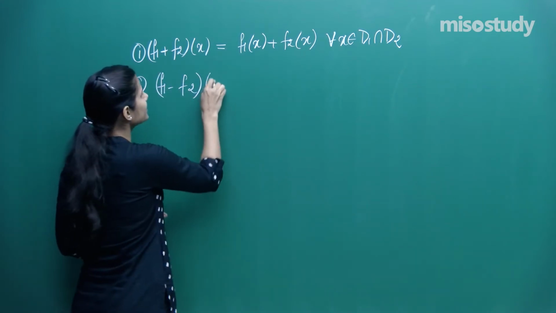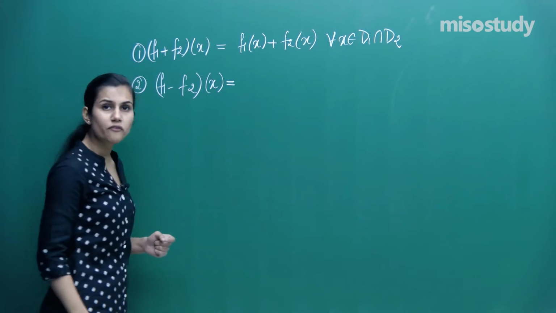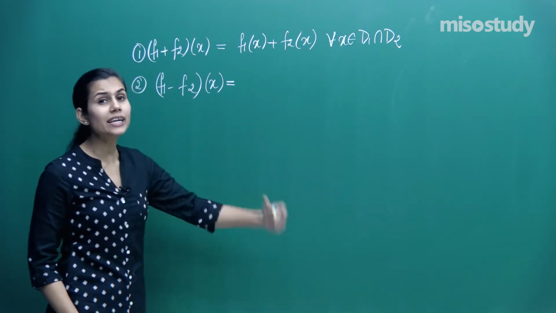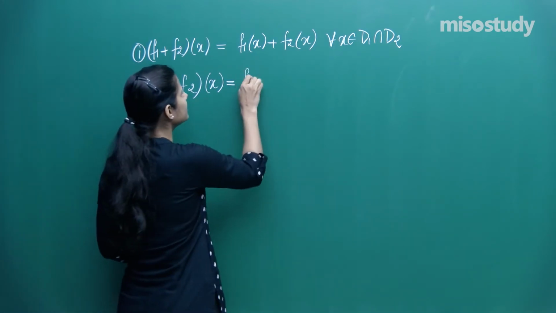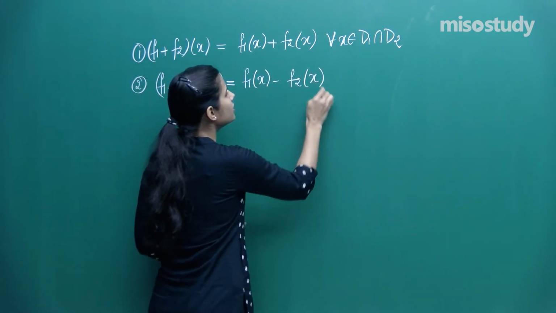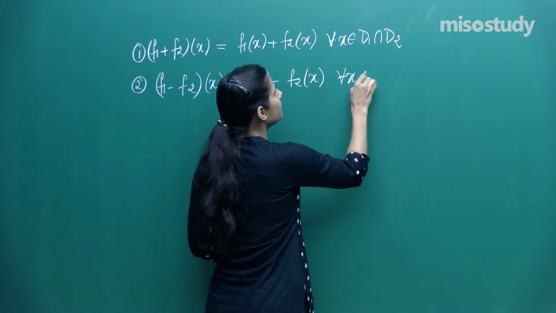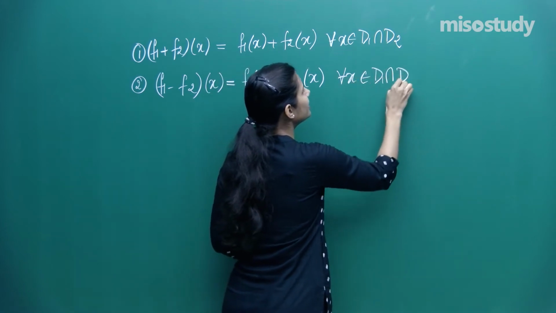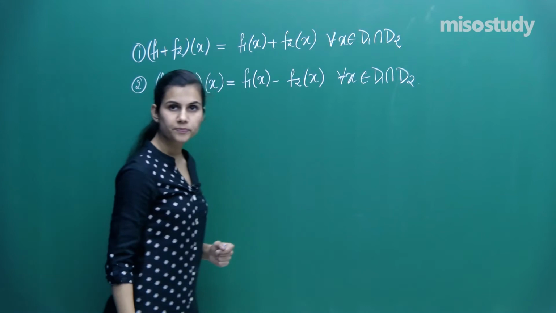This function, when acted upon the input, behaved in a very obvious manner, which was point-wise subtraction, that is f1 of x minus f2 of x for all x belonging to again d1 intersection d2.